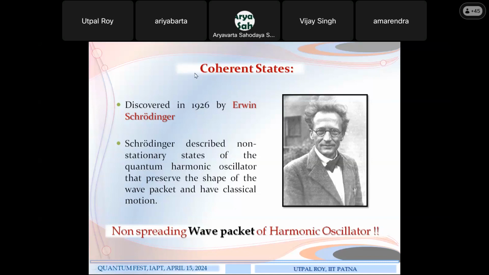The wave packet should be coherent, like you see in classical physics, water waves, light waves, everything is very coherent, where the waves superpose with a constant phase difference. In quantum mechanics, if such a thing happens, it is called a coherent state. A beautiful example is the laser.